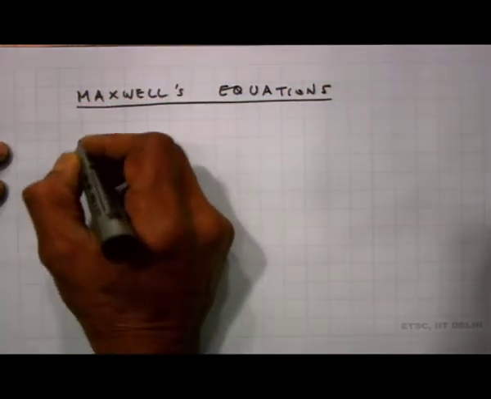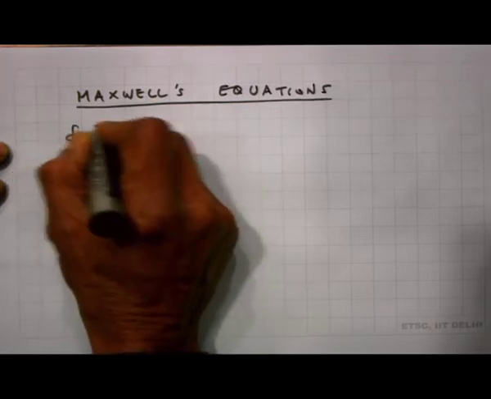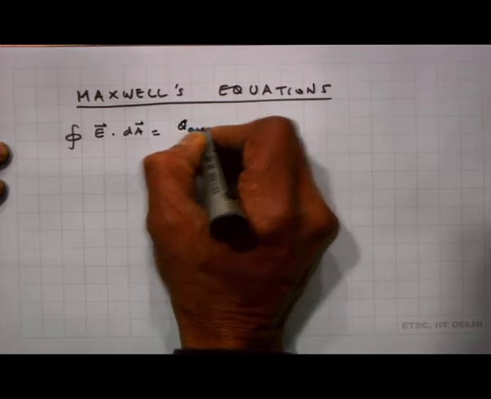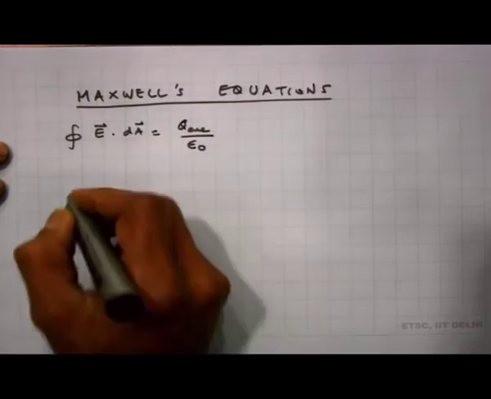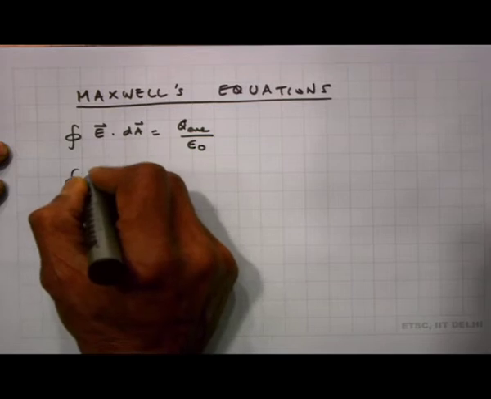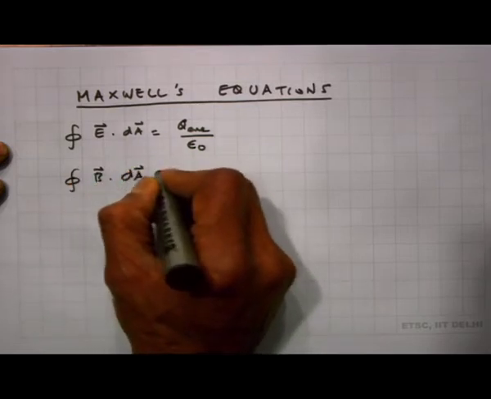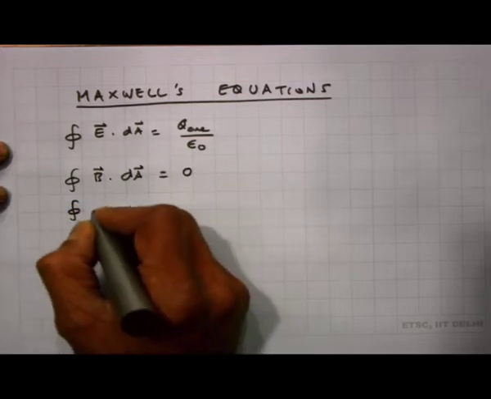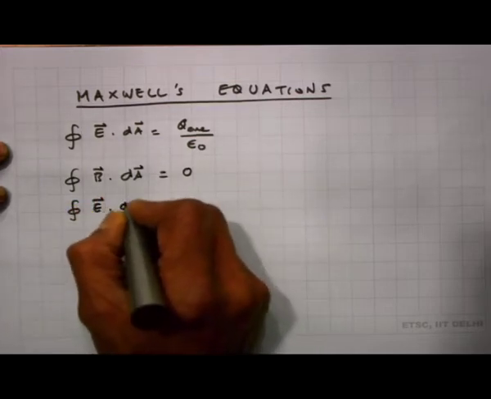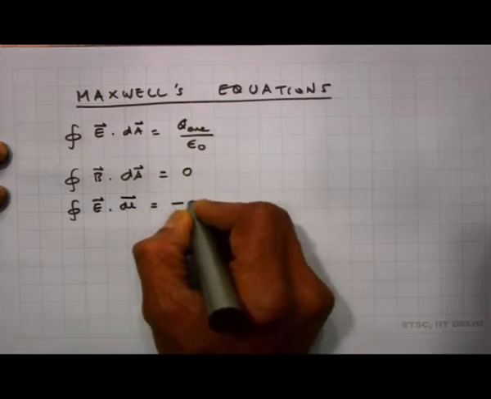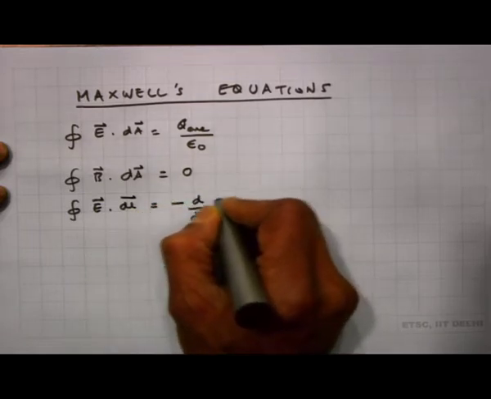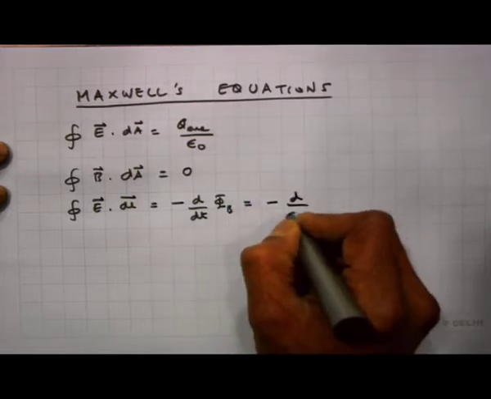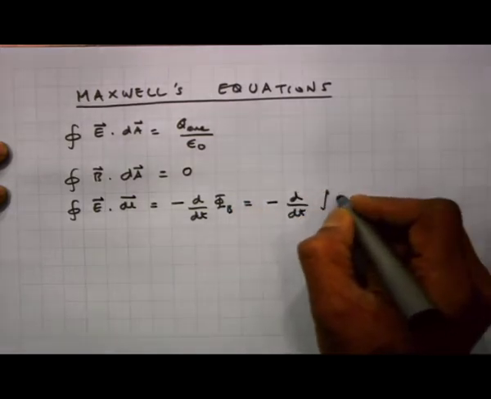The first of these equations is integral E dot dA equals charge enclosed divided by epsilon 0. Integral B dot dA is equal to 0. Integral E dot dL is equal to minus d by dt of phi B, which is equal to minus d by dt of integral B dot dA.